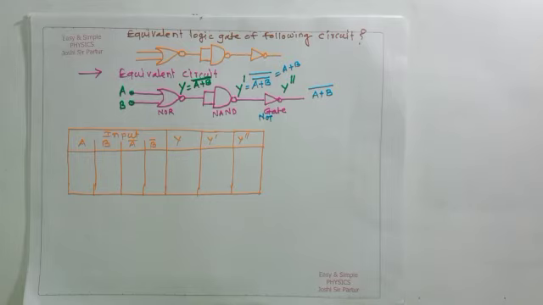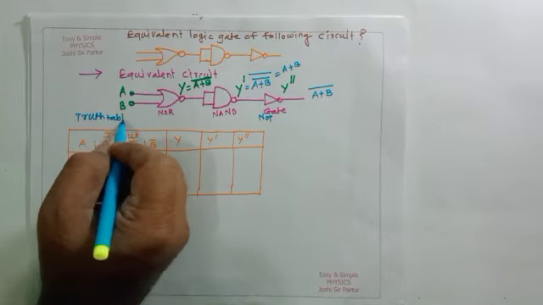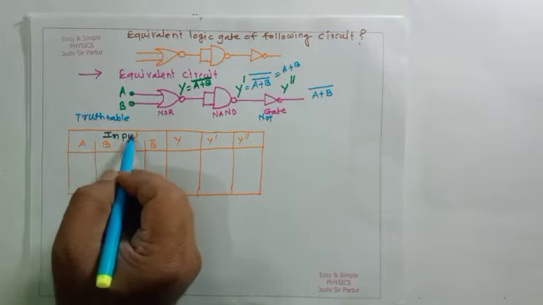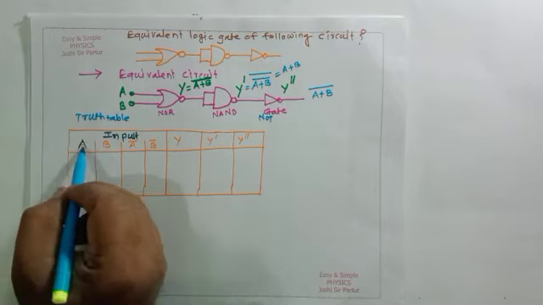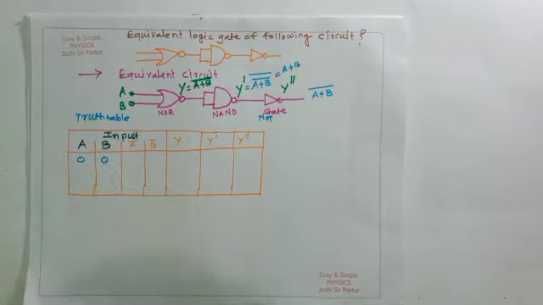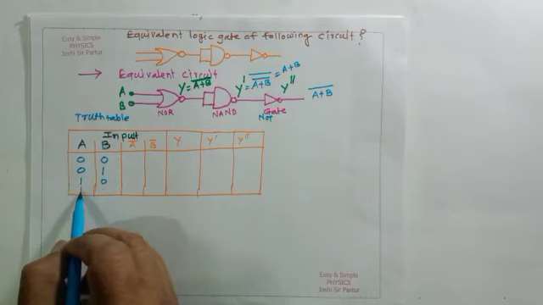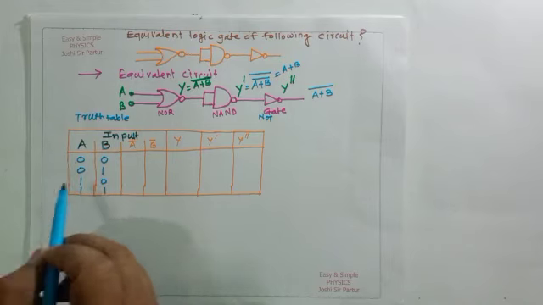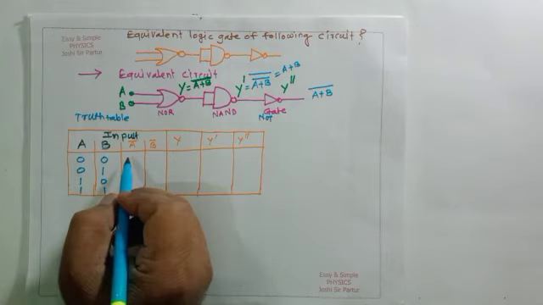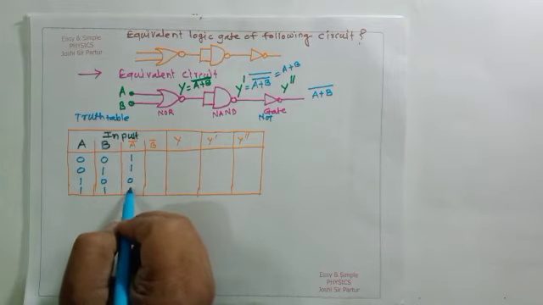If a truth table is drawn, this truth table has the input values. There are 4 possibilities for inputs A, B: 0 0, 0 1, 1 0, 1 1, or low low, low high, high low, high high. Then their complements: complement of A becomes high, high, low, low.